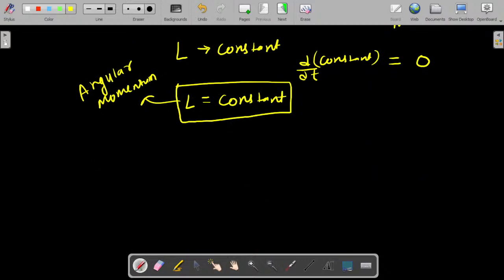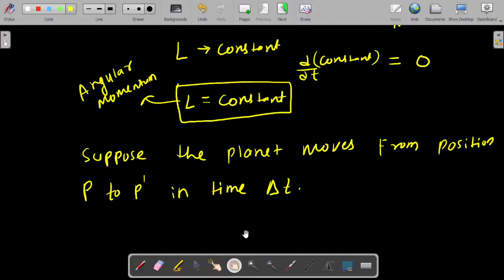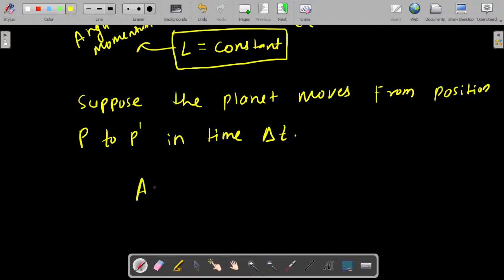Again you write, suppose the planet moves from position P to P dash in time delta t, then area swept.